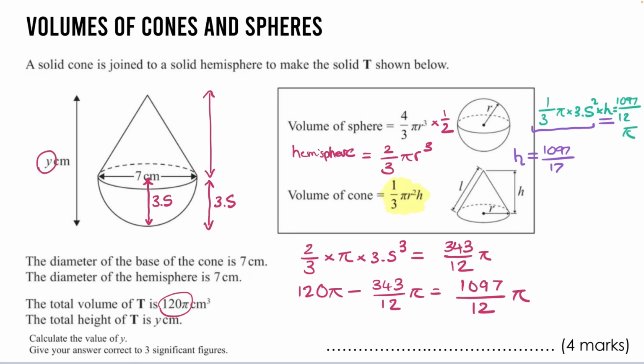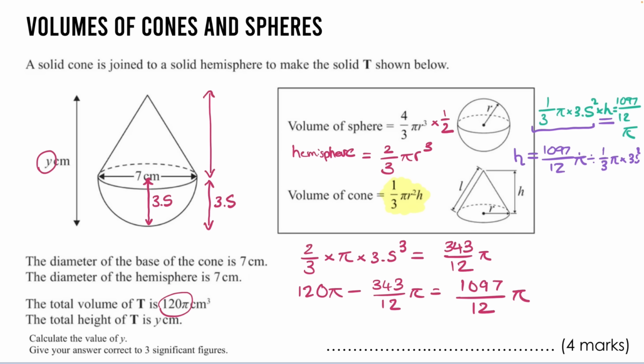1097 over 12 pi divided by, and then we have this 1/3 pi times 3.5 squared. Now I'd probably write that as a fraction on my calculator rather than as a division like that. Probably going to be a lot easier for us to do.